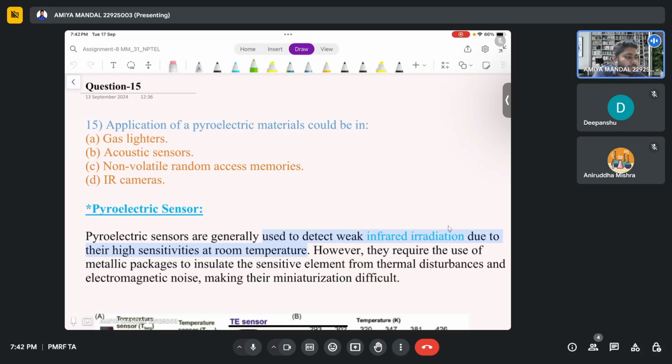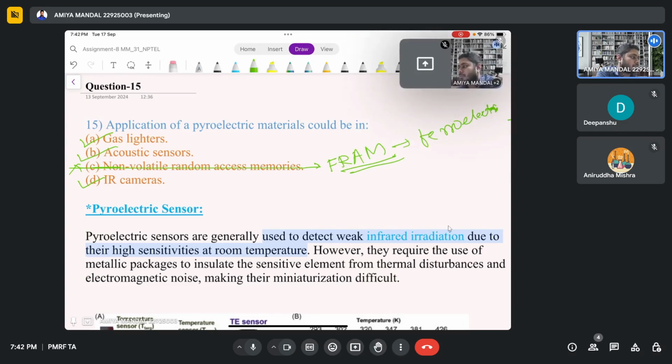The options are gas lighter, acoustic sensors, non-volatile random access memory. There are four options that you can see. Gas lighter, this is correct. Acoustic sensor is correct. Non-volatile is not correct. It is mainly ferroelectric RAM. This is for ferroelectric, not for pyroelectric measurement.